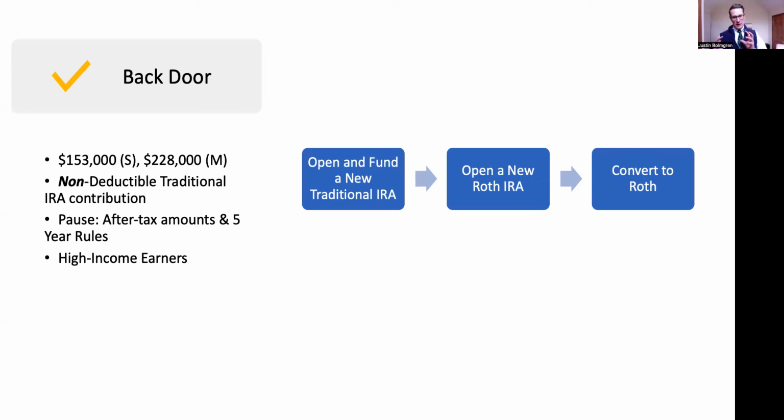From there, that conversion, because it's non-deductible, we'll pay the normal income taxes on it, but we'll notice here that we're able to get those funds into the Roth without directly contributing to the Roth. Now, pause. There are several 5-year rules. There's about 3 different 5-year rules.